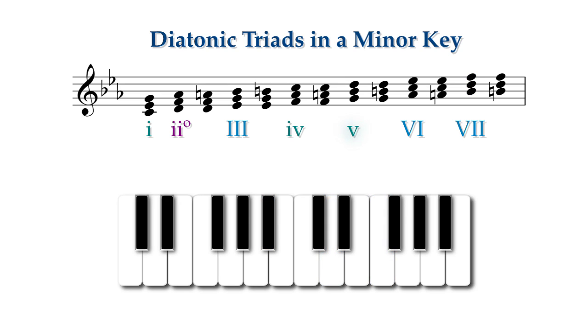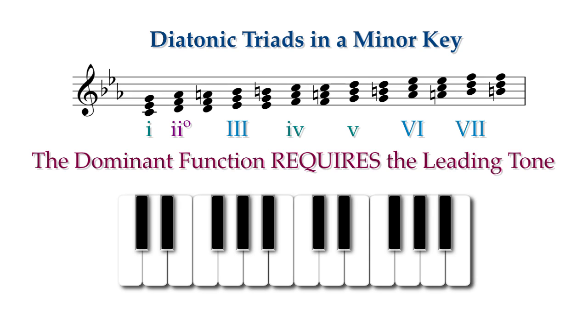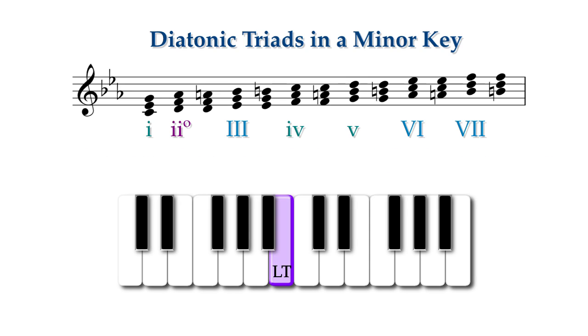Now, since we know the 5 chord and the 7 chord are the chords of the dominant function that leads directly to tonic, these chords must have a leading tone in them in order to be functional. We need to raise the 3rd of the 5 chord and the root of the 7th chord to change te into ti, making the 5 chord major and the 7 chord diminished.